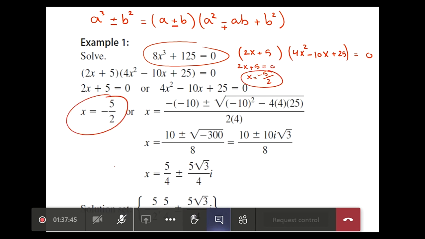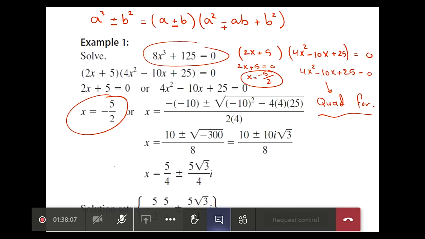Okay, another solution: 4x square minus 10x plus 25 equals 0, and solve it by the quadratic formula.